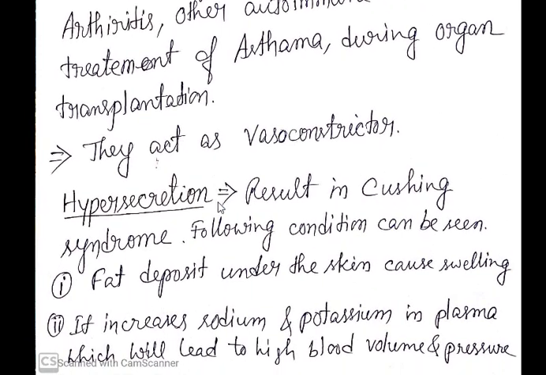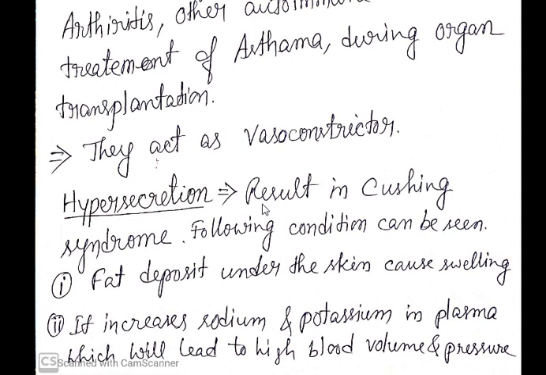Now they also act as vasoconstrictors, and they help counter the fall in blood pressure. Whenever there is a fall in blood pressure, glucocorticoids can work as a vasoconstrictor. You have already studied vasoconstrictors and dilators in the chapter on body fluids and circulation.